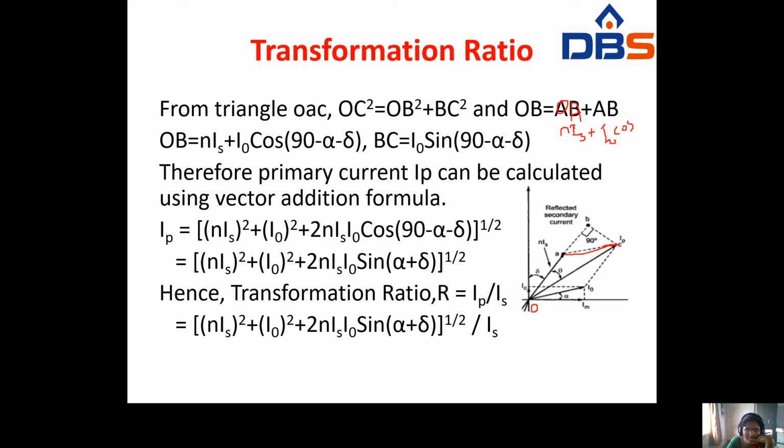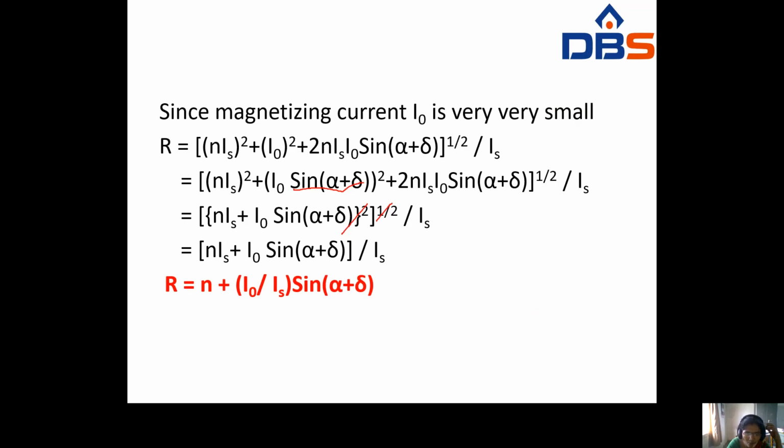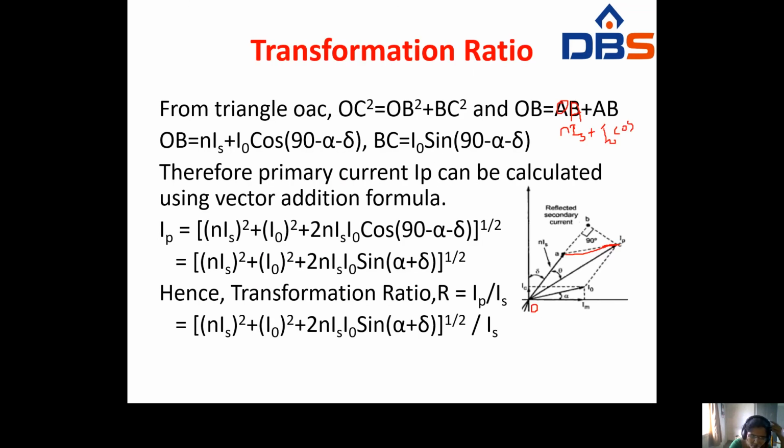IP square. So whenever you write IP, this becomes the root, so you have to write the whole to the power of 1 by 2. Hence the transformation ratio is IP by IS. Here you have to get the IP value, so you directly write N IS whole square plus I naught square plus 2N IS into I naught sin of alpha plus zeta, whole to the power of 1 by 2, divided by IS.